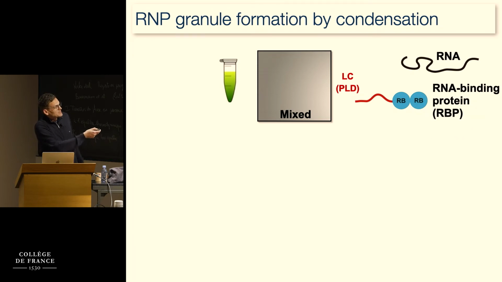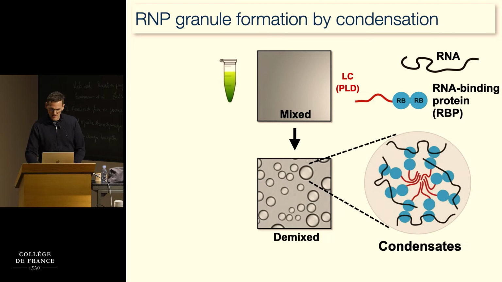Then you have ribonucleic acids, and initially these components are well mixed in a solution. But then there can be a change, like a post-translational modification, a change in salt, or a change in pH, and then they demix. You have these dense liquid droplets coexisting with a dilute phase, with rapid exchange between them.